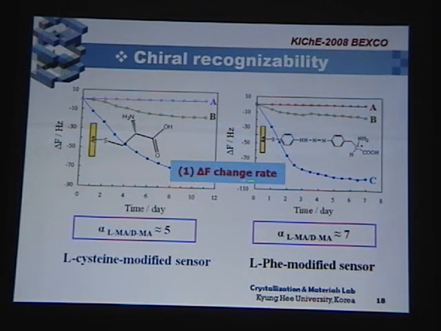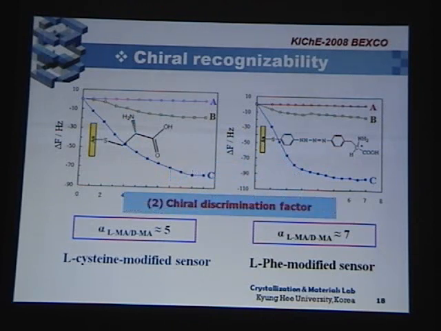This means that the chiral recognition reaction rate on the L16 modified surface is lower than that on the alpha-anion modified surface. The second difference is that the chiral discrimination factor is different. The factor obtained on the L16 modified sensor is lower than that obtained on the alpha-anion modified sensor.